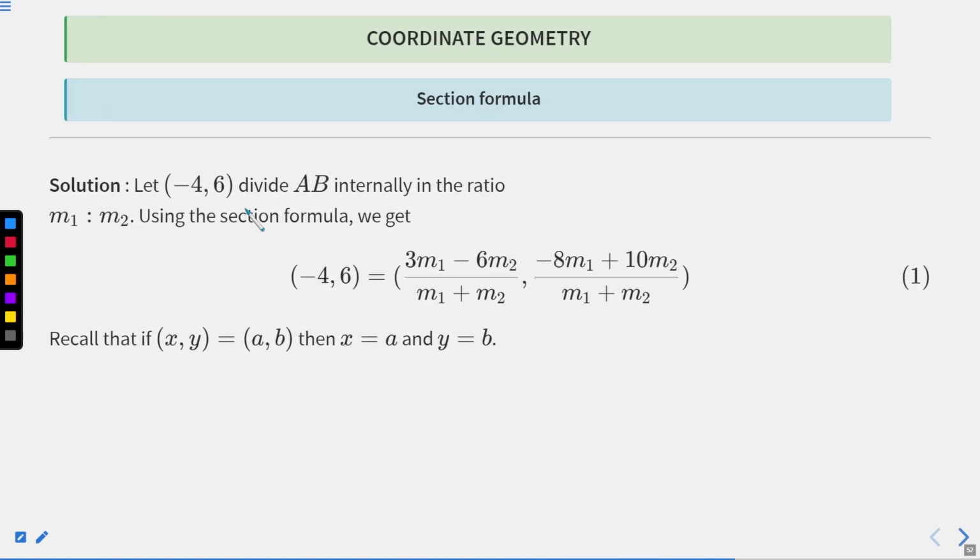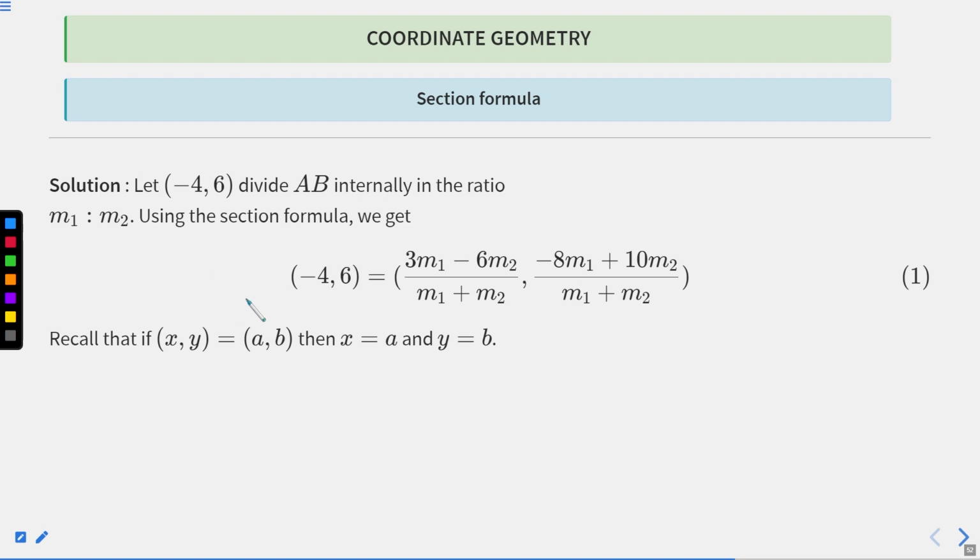So let (-4, 6) divide AB internally in the ratio m1:m2. Okay, and using the section formula, we get (-4, 6) is equal to ((m1 into 3 plus m2 into -6) divided by (m1 plus m2), (-8 m1 plus 10 m2) divided by (m1 plus m2)).